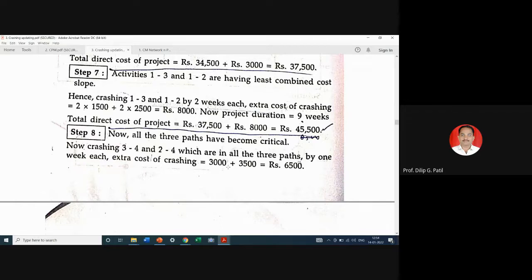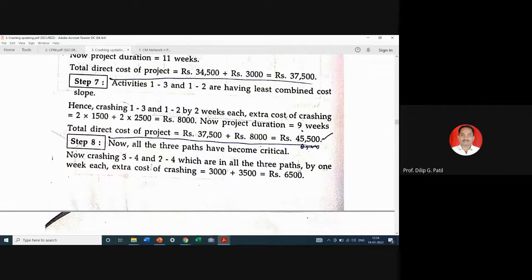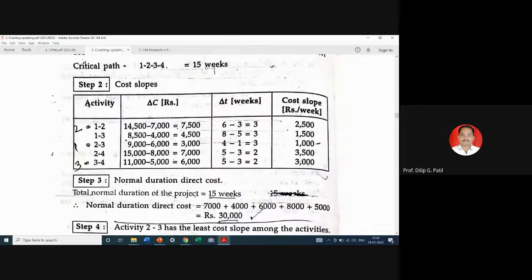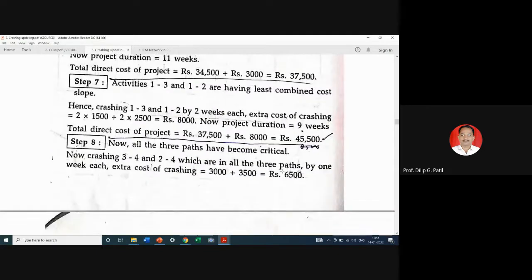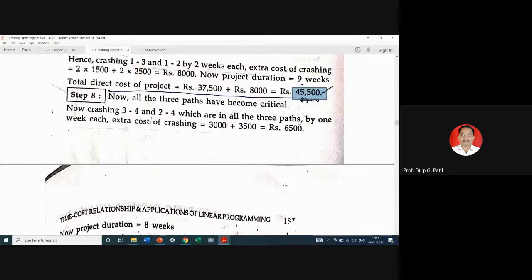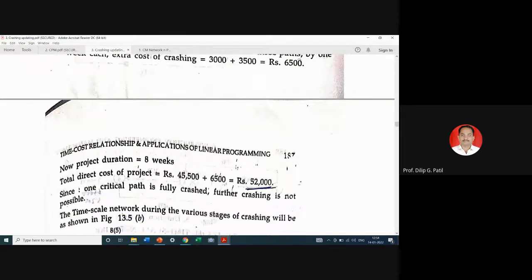Extra cost of crashing will be 3, 4 and 2, 4. बघा, 3, 4 and 2, 4 is 6,500. Okay, so this 6,500 will be added to this particular 45,500 as it is crashed by 1 week. So this will be 45,500 plus 6,500, that is 52,000. You can see here 52,000.